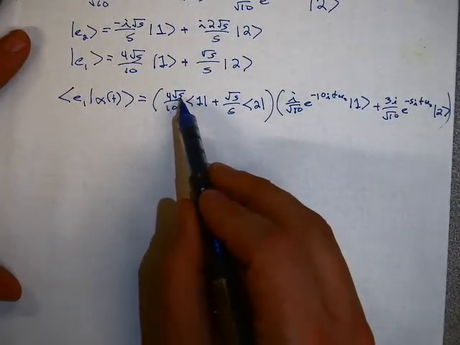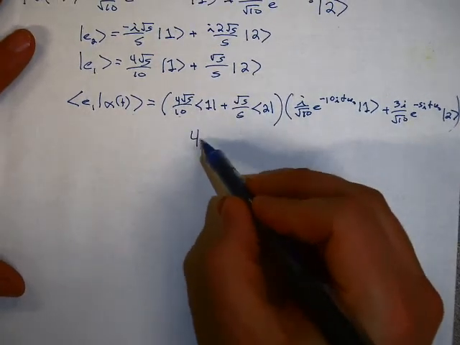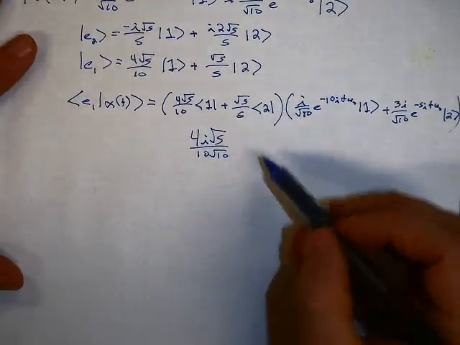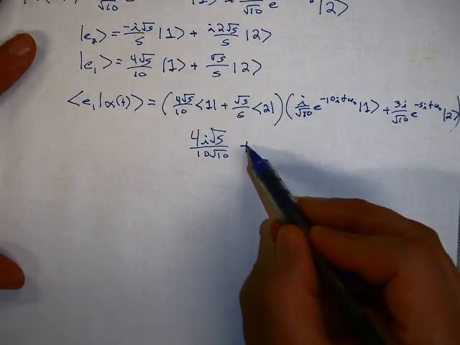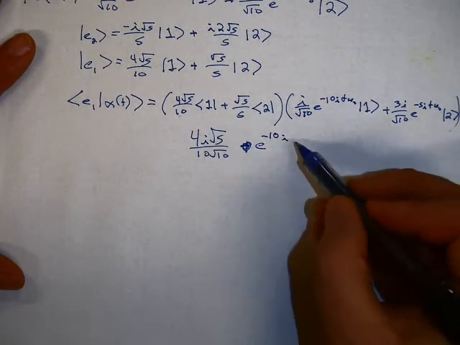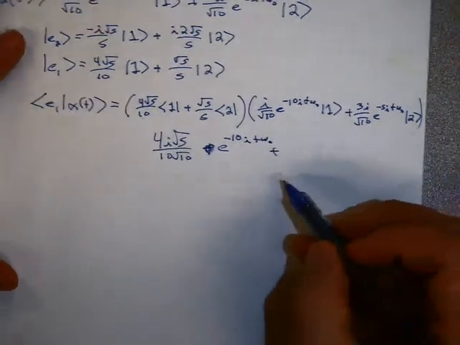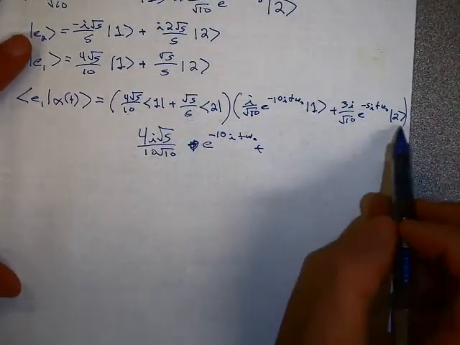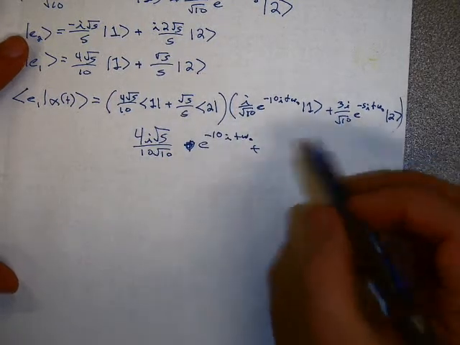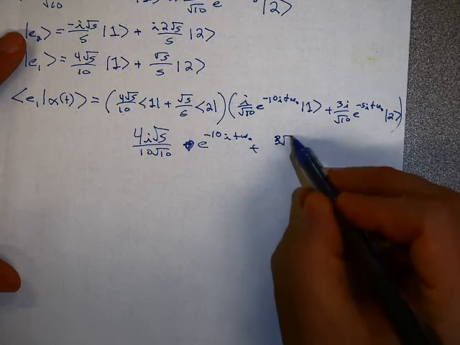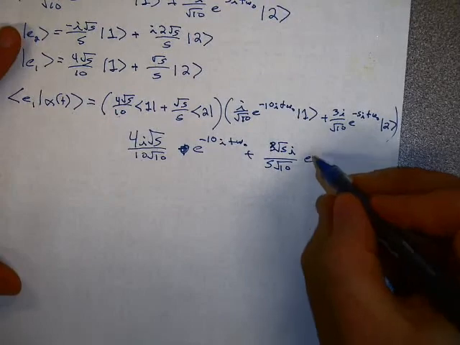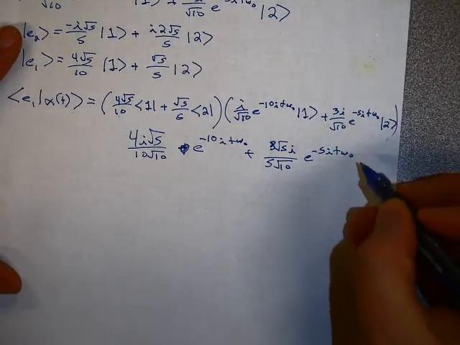So it looks like I've got 4i root 5 over 10 root 10. That doesn't look great, but we'll maybe clean it up a little bit. Times e to the minus 10i t omega naught, plus the 2 and the 2 hit, so I get root 5 times 3i over 5 times root 10, so 3 root 5 i over 5 root 10, e to the minus 5i t omega naught.